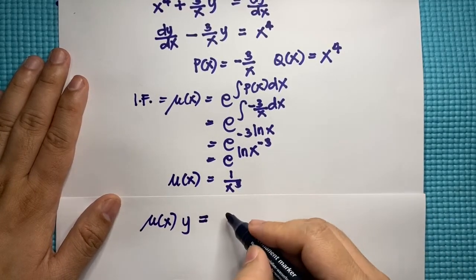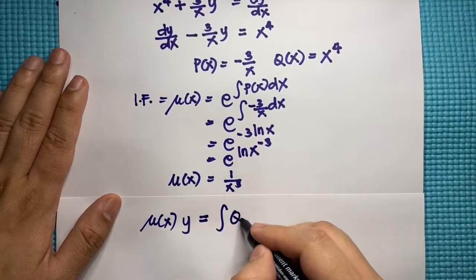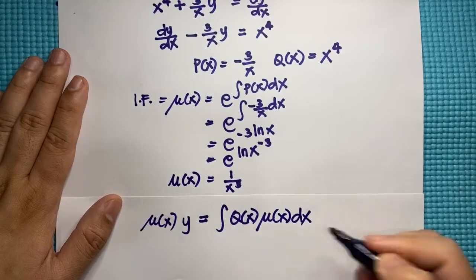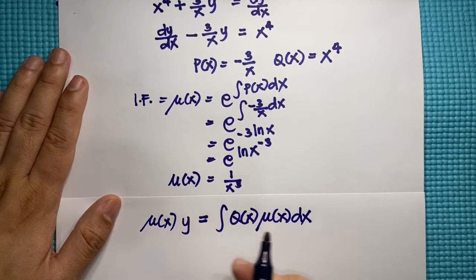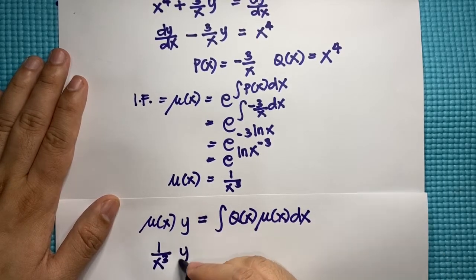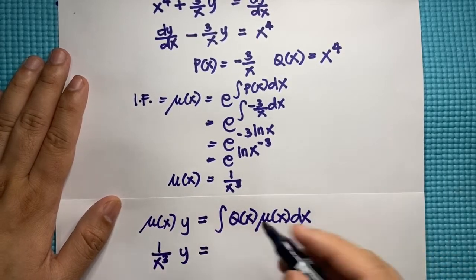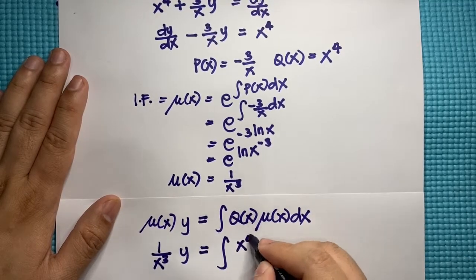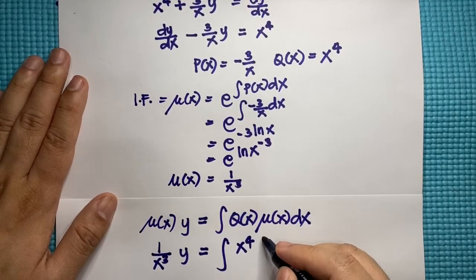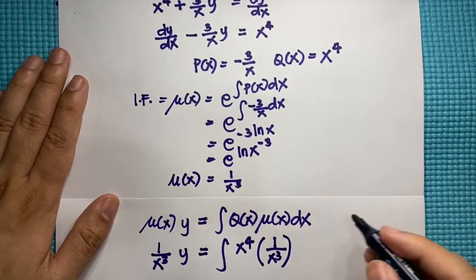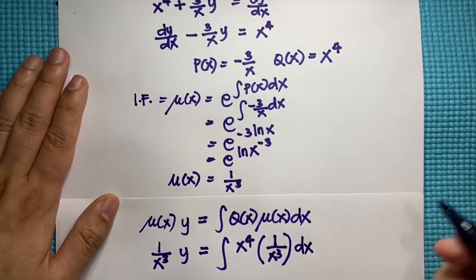And then we'll have the integral of q of x, mu of x, dx. In this case, our mu of x is 1 over x cubed, multiplied with y, and that is equal to the integral of our q of x, which is x to the 4th, and our mu of x, which is 1 over x cubed, dx.